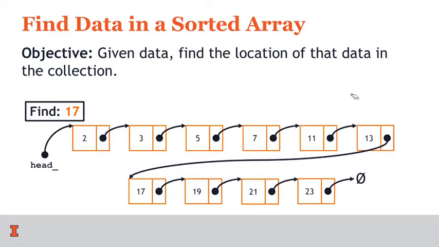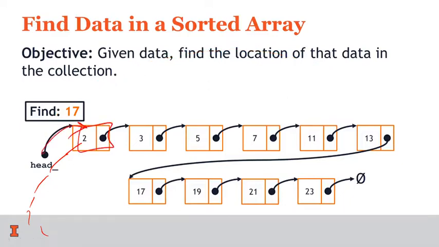Inside a list, here we have a list that is sorted, just like our array, and we want to find 17. So how do I jump to the middle of the list? I can't. There's no magic pointer that points to the center of the list. And even if we had a pointer that pointed to the center of the list, as we added to the beginning of the list, that pointer would be out of date very quickly. So there is no way to jump to the center of a list.